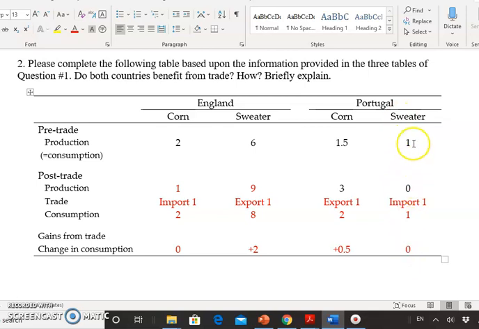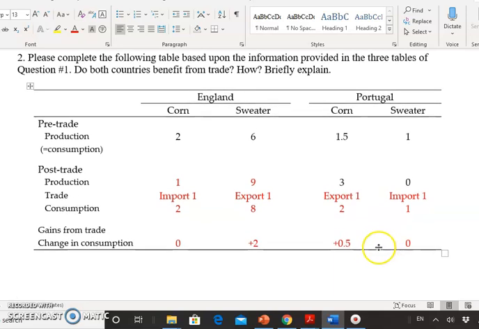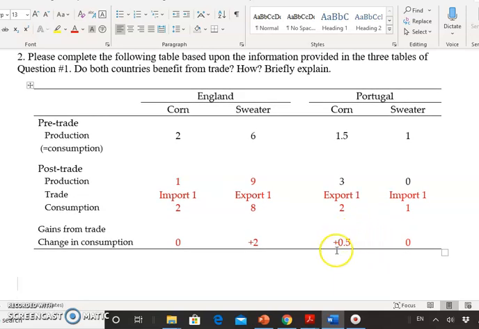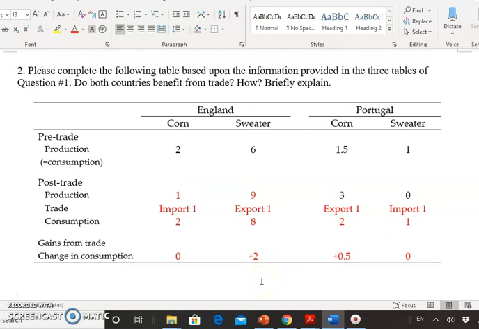They used to get 1, now they have 1 as well. But their corn consumption increases by half a corn, so they are better off as well. Putting together, we already showed that because of trade, both countries will be better off, even the country without any absolute advantage. In this case, it is Portugal.